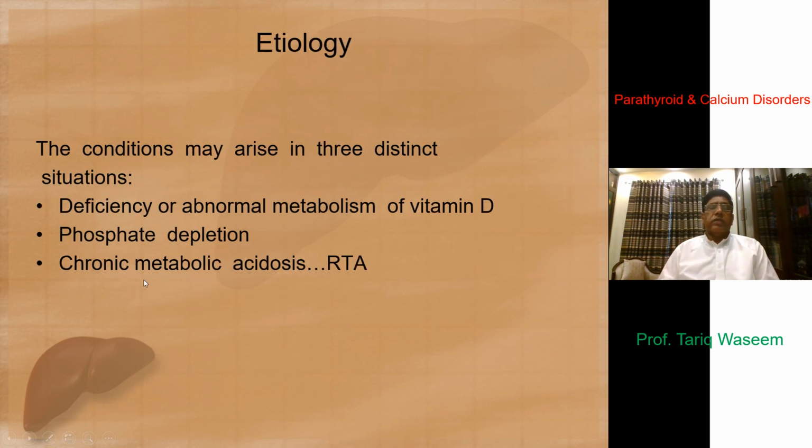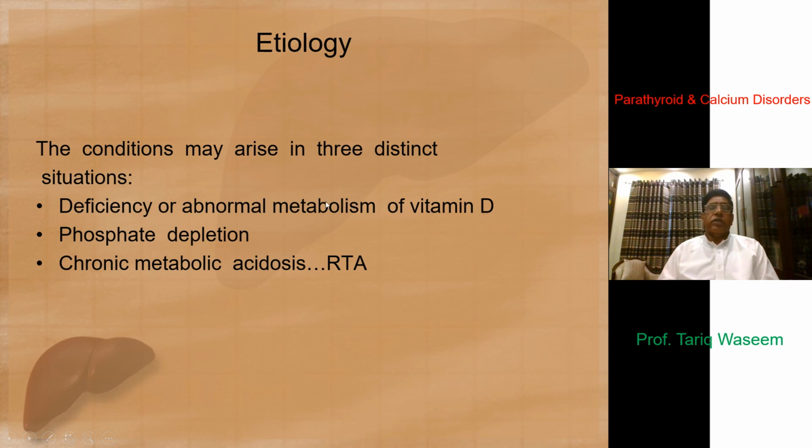This may be as a result of deficiency or abnormal metabolism of vitamin D, the most common cause in the pediatric age group. Various reasons for vitamin D deficiency: lack of exposure to sunlight, lack of vitamin D in the diet, or something wrong with the activation of vitamin D to the 1,25-hydroxy form either in the kidney or the liver. So kidney and liver disease can be responsible, right?